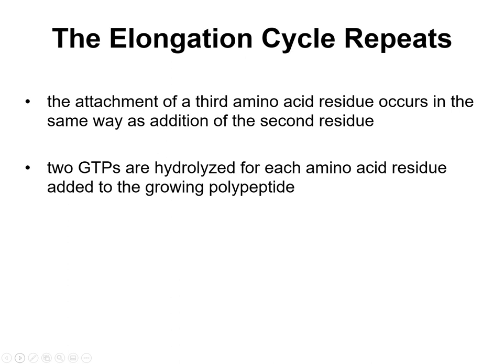After this, it's just wash, rinse, repeat. The elongation cycle keeps repeating. You attach a third amino acid residue in the same way that you did the second. For each amino acid residue that's added, you're hydrolyzing 2 GTPs. So let's go back to part 1, where we said that those long open reading frames have somewhere in the ballpark of 500 plus codons, which will roughly translate to 500 amino acids.